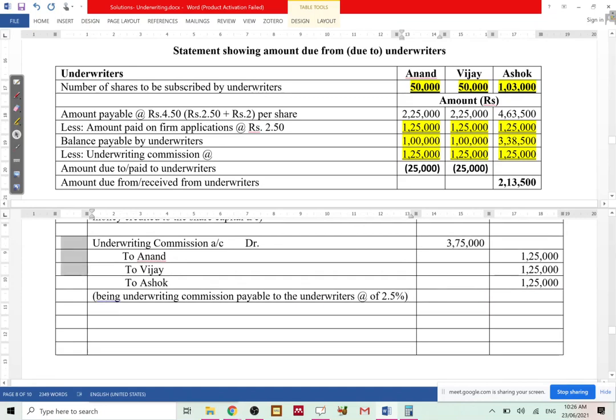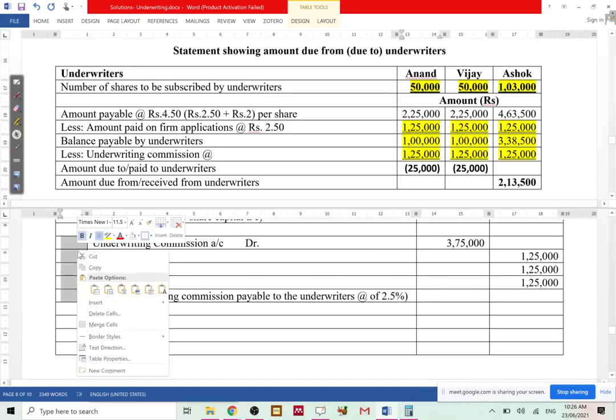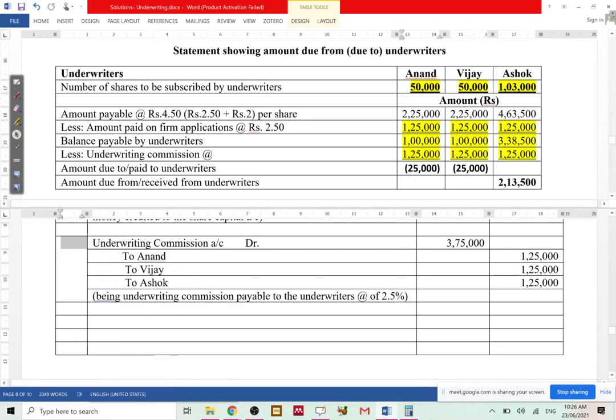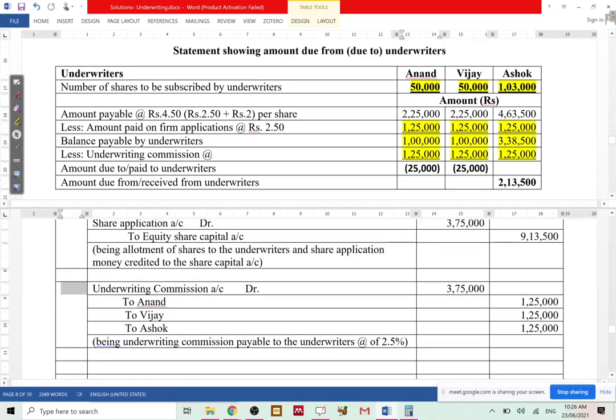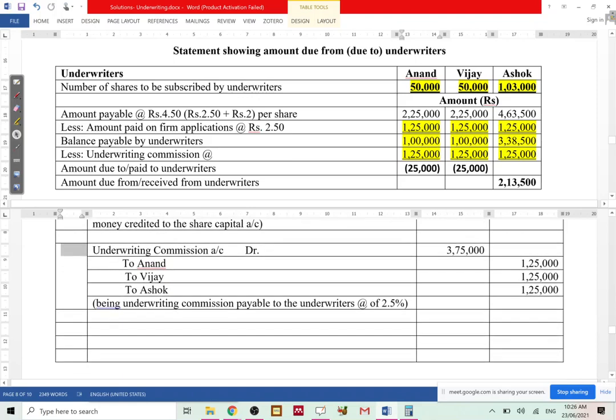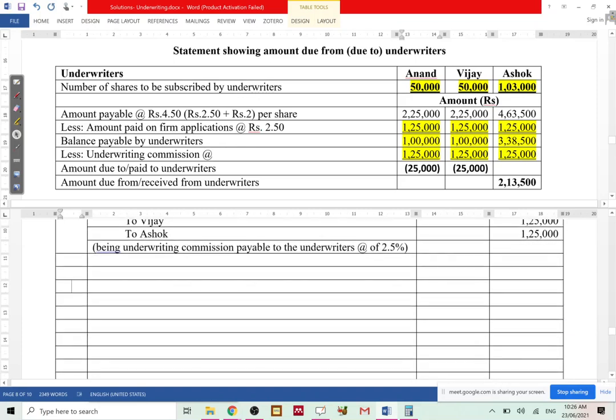Narration is purely a personal choice as to what you would like to include in it, what type of details. It's written so that you understand at a later date when you go back and check your accounts and the journal entries, you understand what that transaction is by reading the narration. So it's completely up to you, from accountant to accountant it differs as to how you would like to narrate it for your own understanding and reference later.